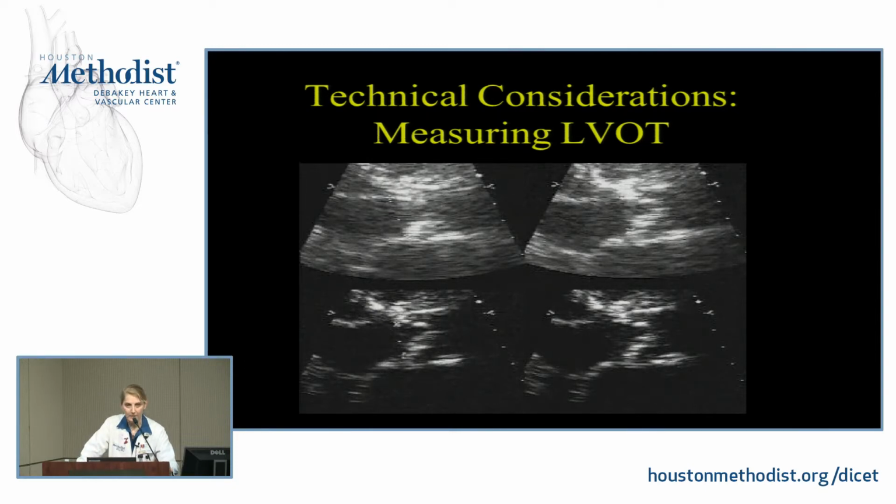So again, it's going to probably overestimate that left ventricular outflow tract. In the second upper right-hand panel, you can see that it's going down to that non-coronary cusp, so it's not really measuring the left ventricular outflow tract. The same as in the third, they're inside the leaflets. And so you really want to get in front of the attachment of both of those leaflets to get the correct measurement, and make sure that you're not angling it.